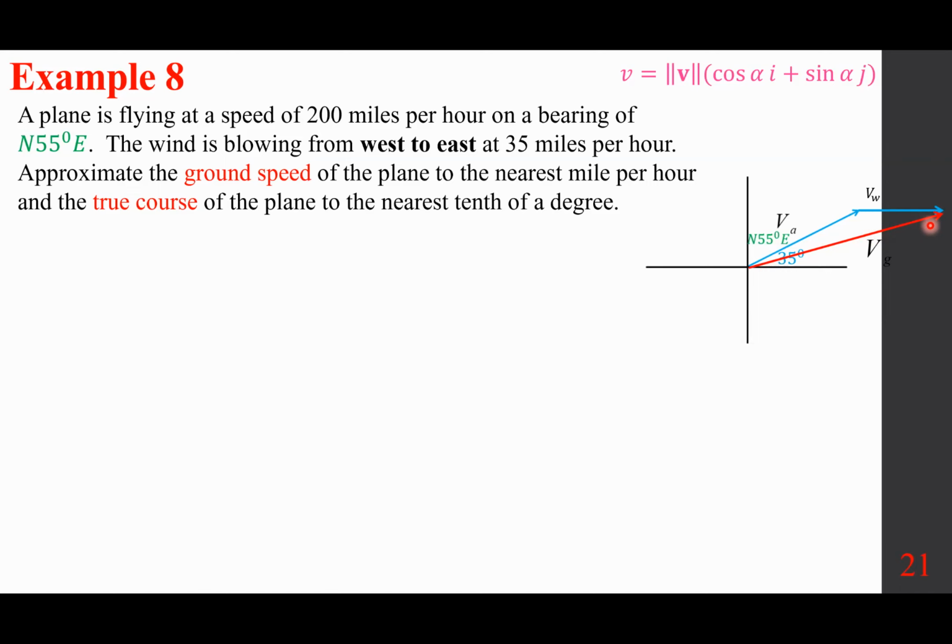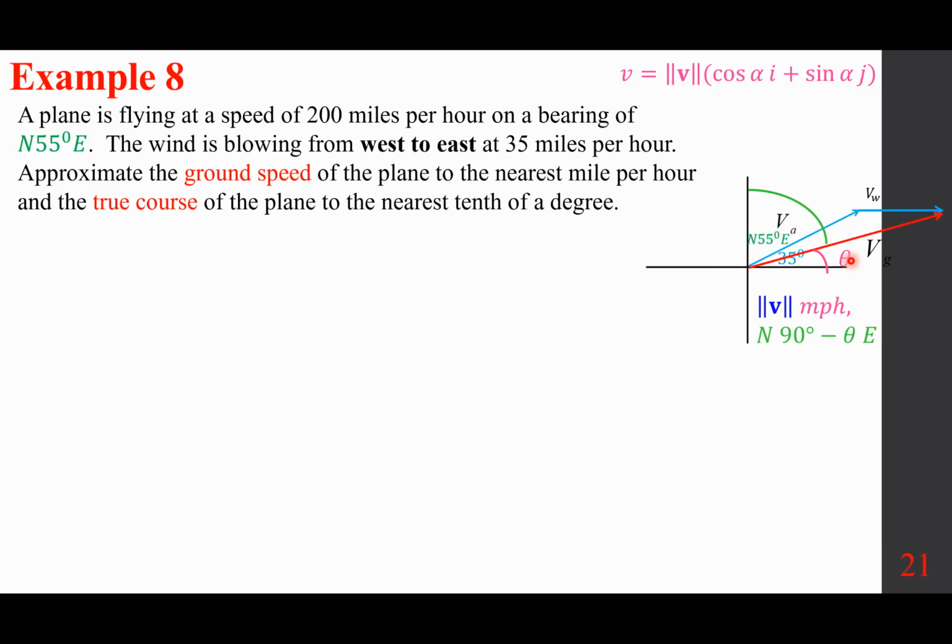Which means we need to find the following. We need to find this angle, and then we need to find the magnitude, and then we need to find this angle, and this is the angle that results in northeast, and this is 90 minus theta.